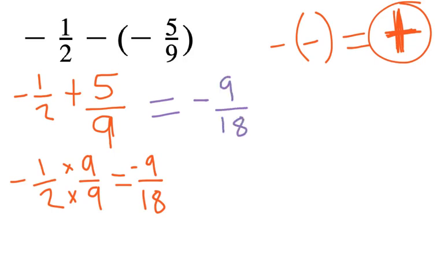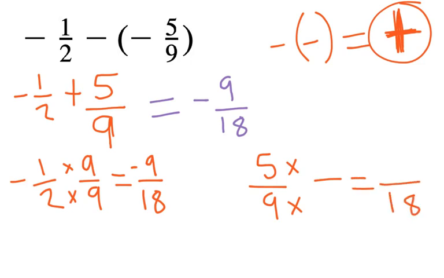Now I want to turn 5/9 into a fraction with a denominator of 18. I need to multiply the numerator by something and the denominator by something so that the denominator equals 18.